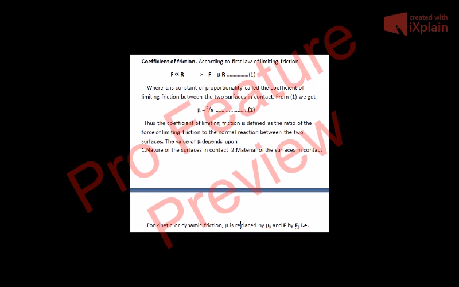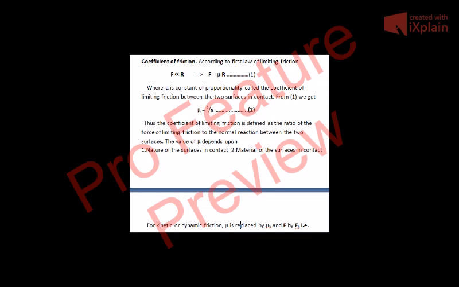Somewhere in the book you can see it written as N, where F is directly proportional to N. N is normal reaction, and I have written it as R. Which implies F is equal to mu R, where mu is the constant of proportionality called the coefficient of limiting friction between the two surfaces in contact. From equation first we get mu is equal to F by R.